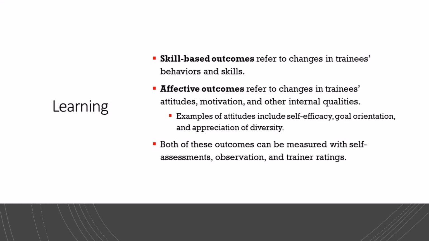But we can also use evidence of behavioral changes as a proxy for attitudinal changes. If trainees have higher self-efficacy as a result of training, for example, we might expect to hear them speak with confidence and refrain from negative self-talk. These behaviors are easier to measure than some internal state, like attitudes.